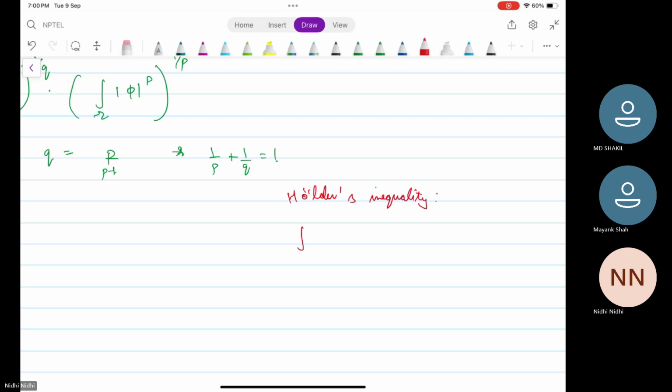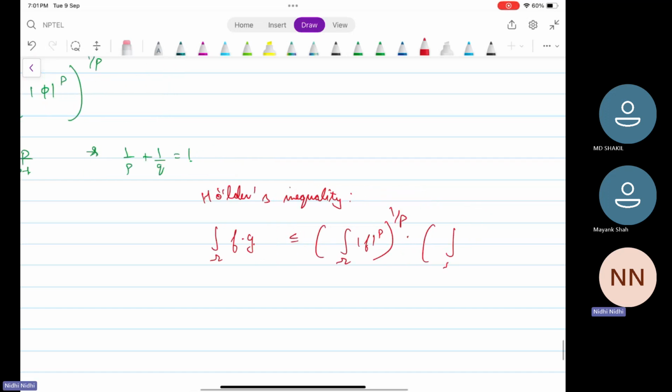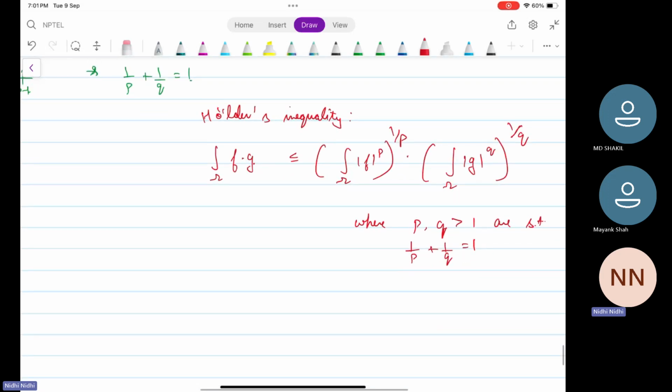We have the integral of fg over Ω is less than or equal to the L^p norm of f times the L^q norm of g, where p and q greater than 1 are such that 1 by p plus 1 by q equals 1, provided the integrals are finite, provided the integral over Ω of f^p and the integral over Ω of g^q are well defined.